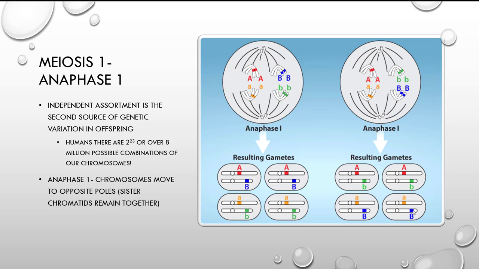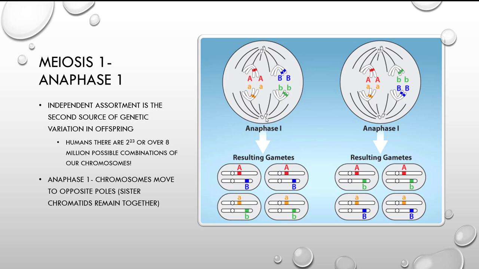So this is only for 2 chromosomes. Well, we have more than that, right? We have 23 chromosome pairs. So we have 8 million possible combinations of our chromosomes. All right, so that adds to variation.